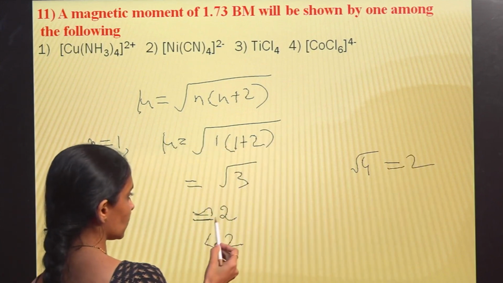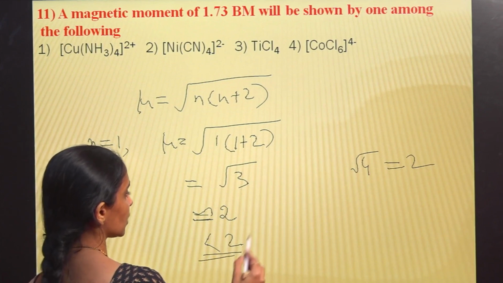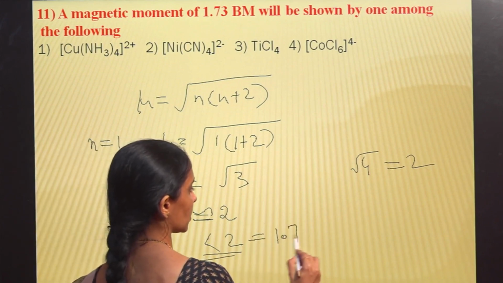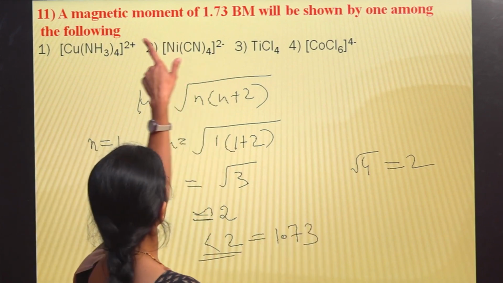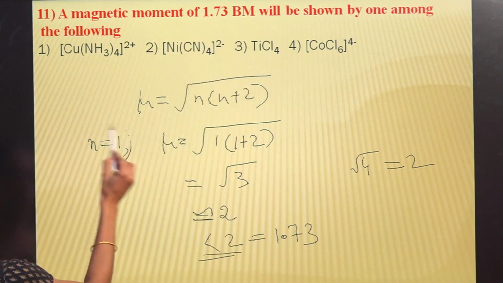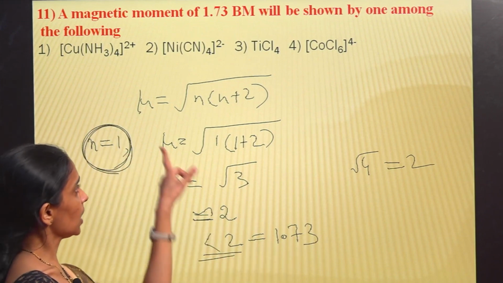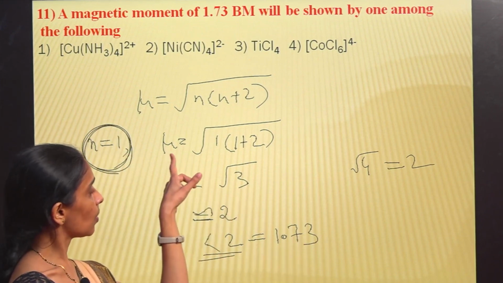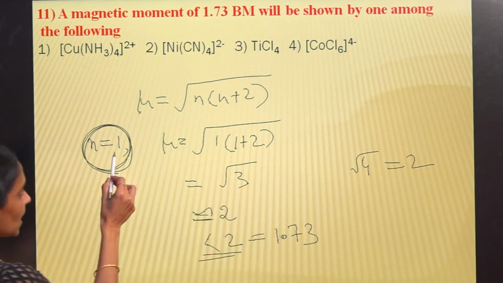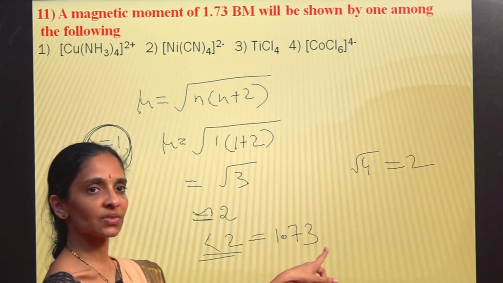Square root of 3 is close to 2 but slightly less than 2, which can be 1.73. There is every chance of it being 1.73. Hence n is equal to 1 matches with the magnetic moment value. If there is 1 unpaired electron, we get magnetic moment 1.73.